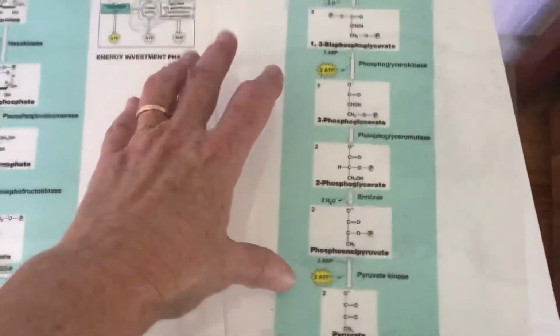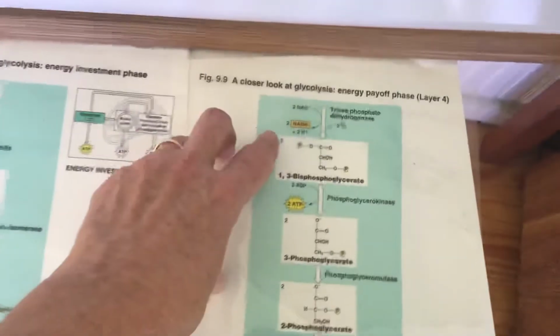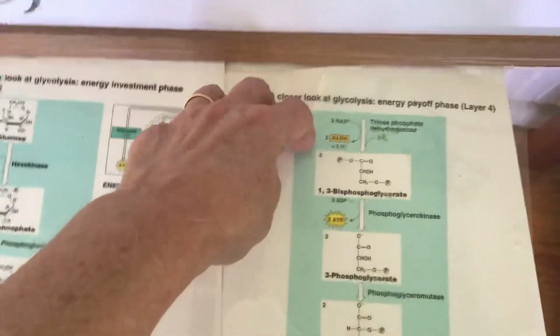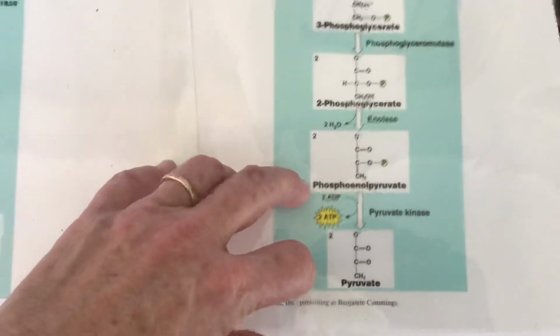Originally I put in 2, and I get 4 ATP from the process. I also get 2 NADH, or 2 molecules that are carrying excited electrons. And the outcome of the process is pyruvate.